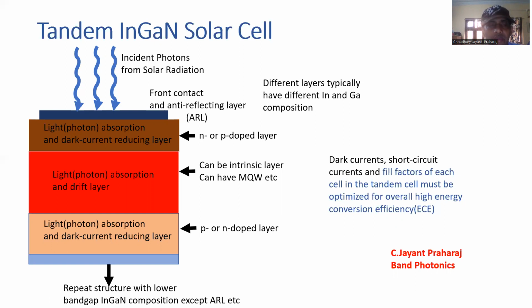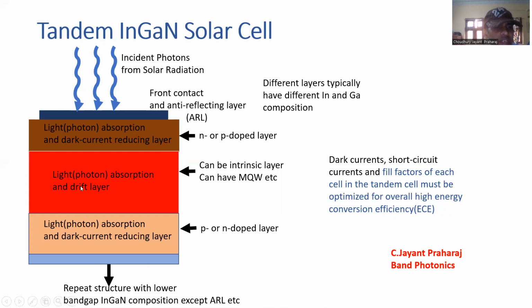We have wider band gap indium gallium nitride, and then lower band gap indium gallium nitride, and then further different band gap indium gallium nitride. And we put them in tandem. What we want is that each subcell absorbs a specific portion of the solar spectrum and generates photocurrent and photovoltages, and the net effect of all these when they are put in series is what constitutes the total solar cell.